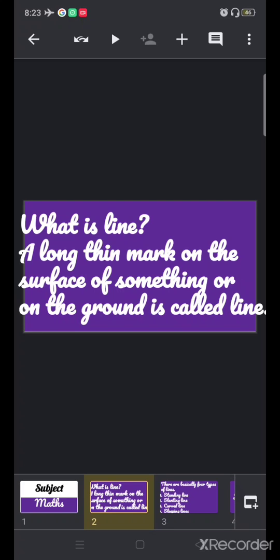We cannot write any word without a line. In each and every word we use lines, either it is Hindi or English or maths. So, we need lines everywhere.